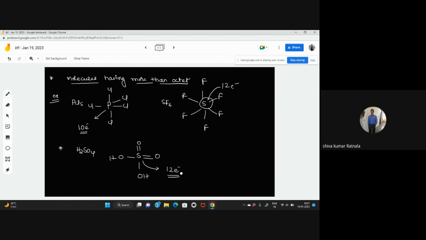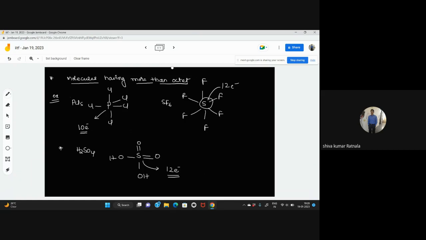So these molecules are not explained by the octet rule. And one more thing is there. There are certain molecules in which an odd number of electrons are also there.